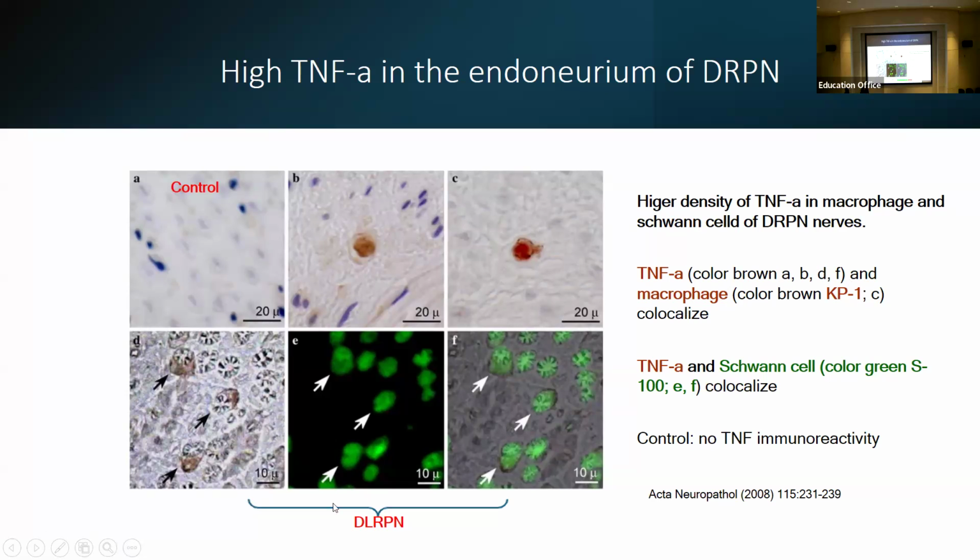And on the lower panel, you see D, this is brown, stained with TNF alpha. And you also stain the Schwann cells with S100. And if you do the microscopy, they are co-localized as well. So this indicates, at least in Schwann cells and macrophages, there is an elevated inflammatory process, and there's no TNF immunoreactivity in the control group.